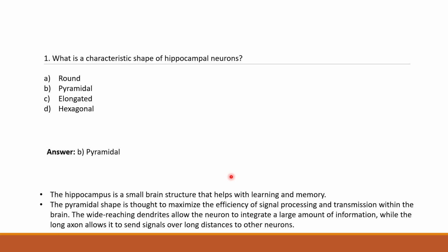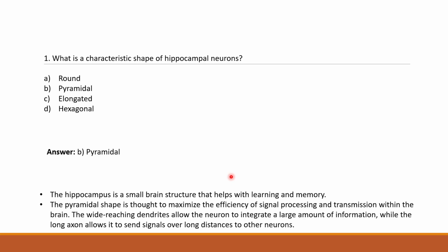And the wide-reaching dendrites. If you know the shape of the neuron, it has a cell body, the axon, and the dendrites. The dendrites, the processes from the cell body, allow the neuron to integrate a large amount of information, while the long axon allows it to send signals over long distances to other neurons.